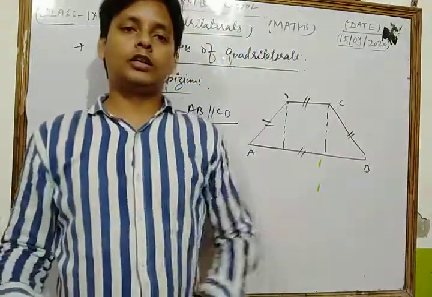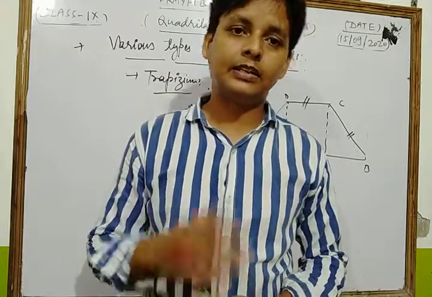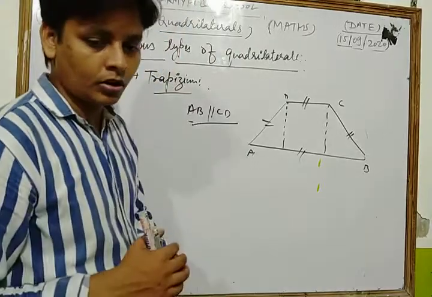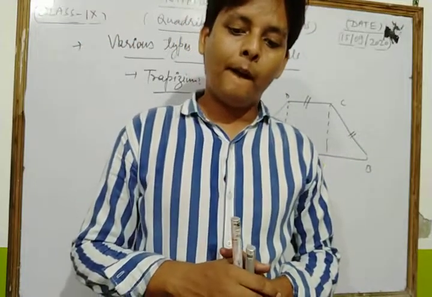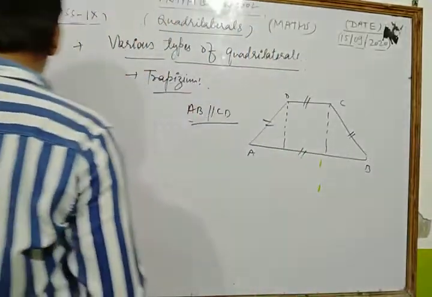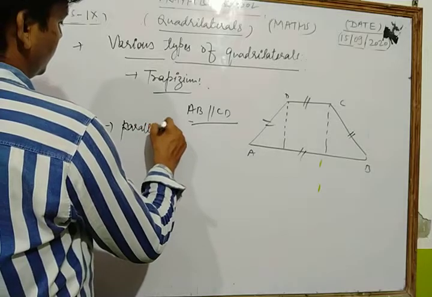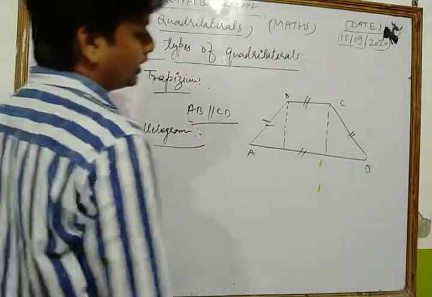Okay, a quadrilateral in which there is one pair of parallel sides is said to be what? A trapezium. Now look, now we discuss the parallelogram. Okay, what is a parallelogram?